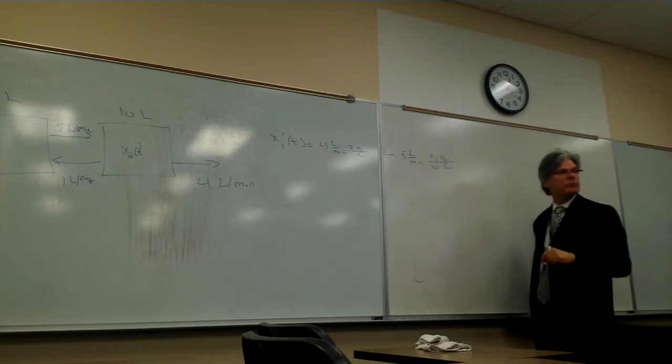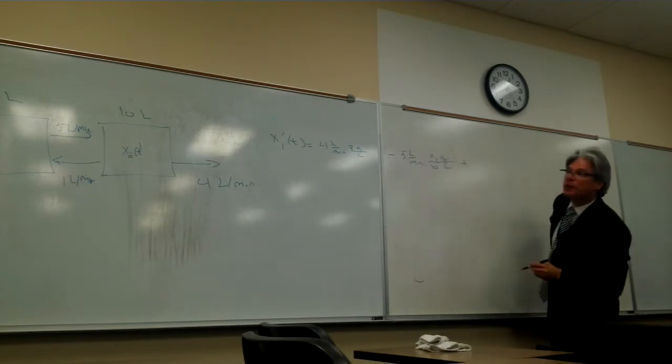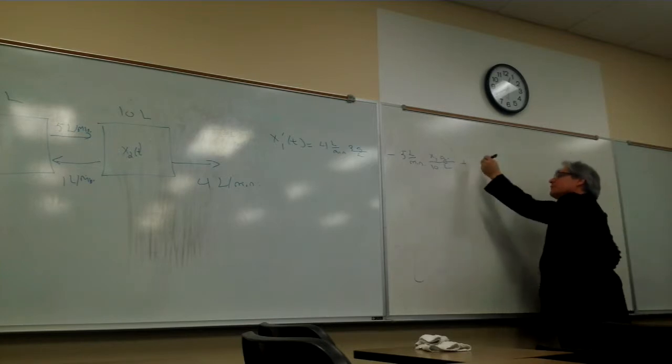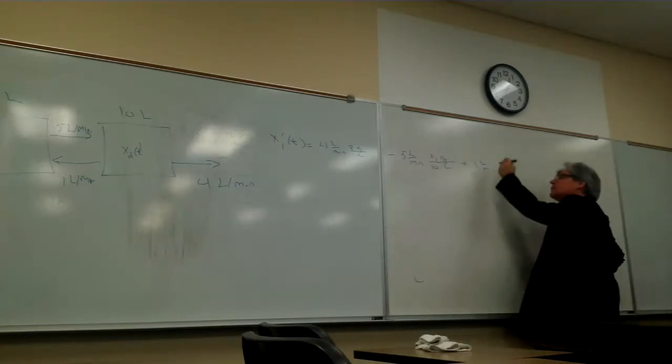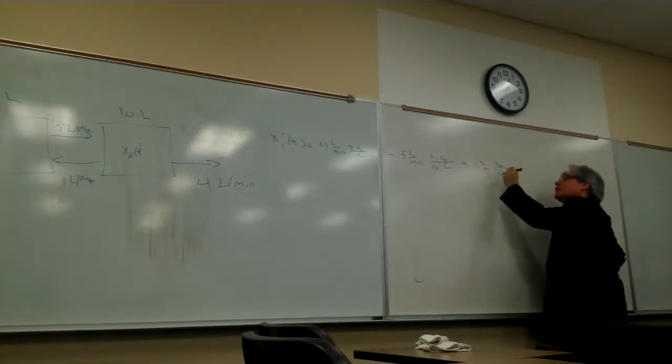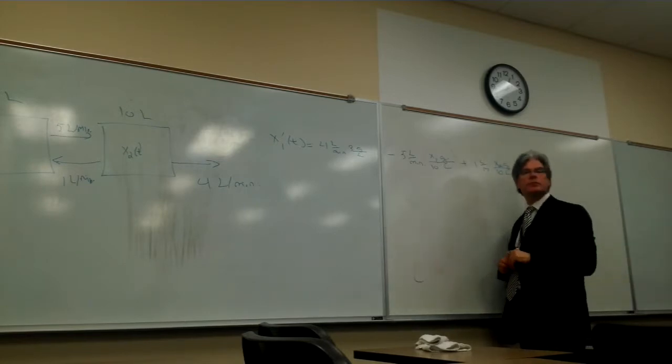I need to add the fluid flow coming in from tank 2, which is 1 liter per minute, multiplied by the concentration of pollutant in the second tank, x2 over 10. Units here are grams per liter, still consistent.